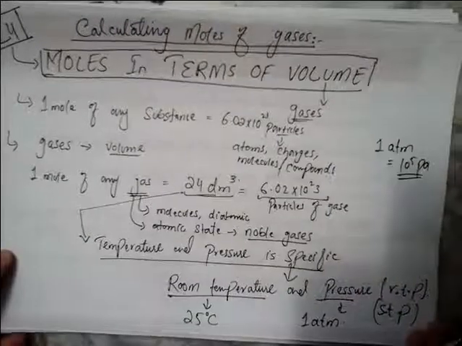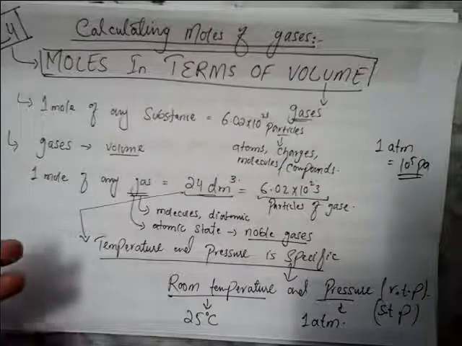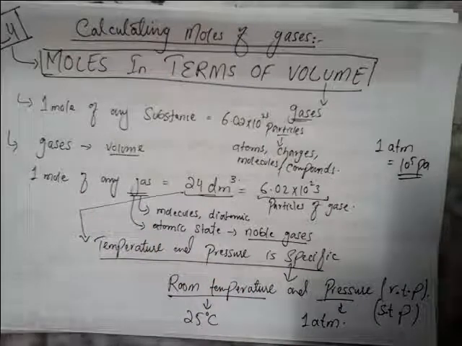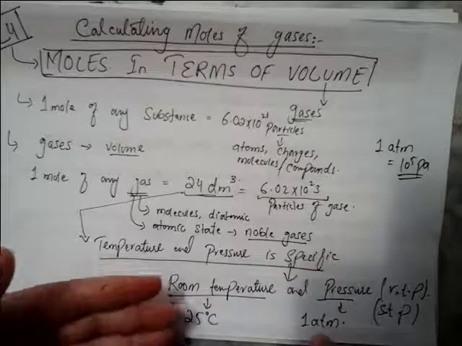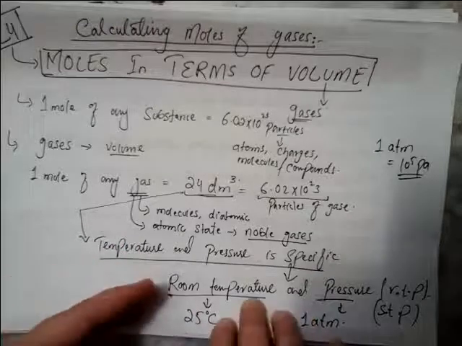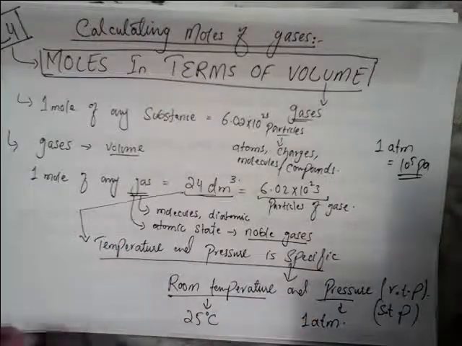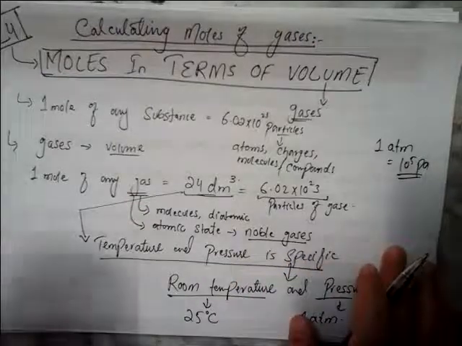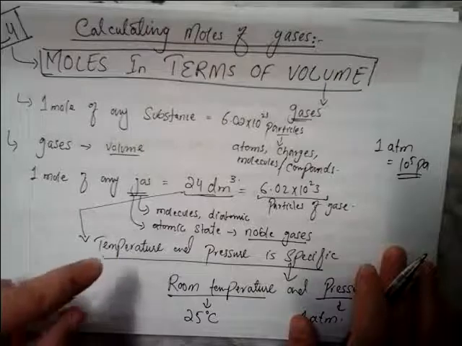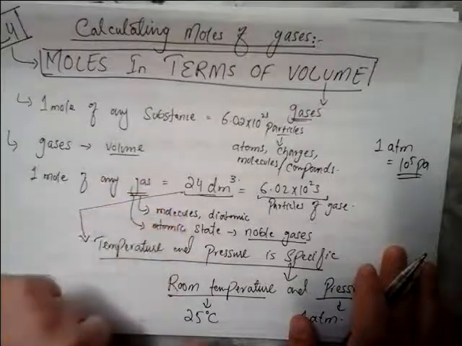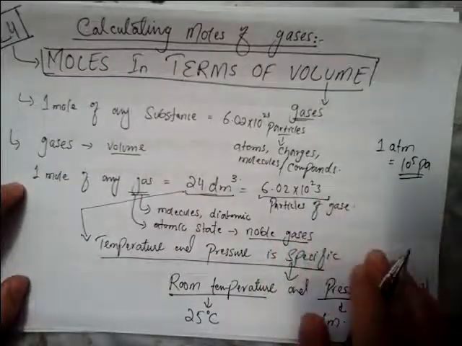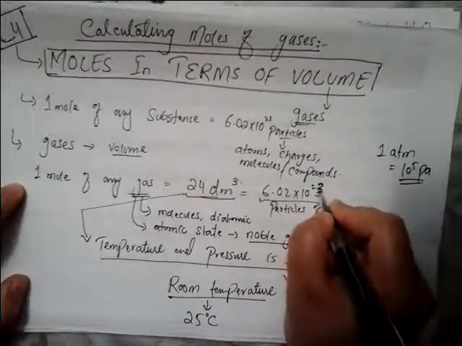Is that clear? So 25 degrees centigrade of temperature and 1 atmospheric pressure are the standardization used for calculating the moles of gases, and usually the volume at this temperature and pressure is taken as 24 decimeter cube, having particles of this amount.